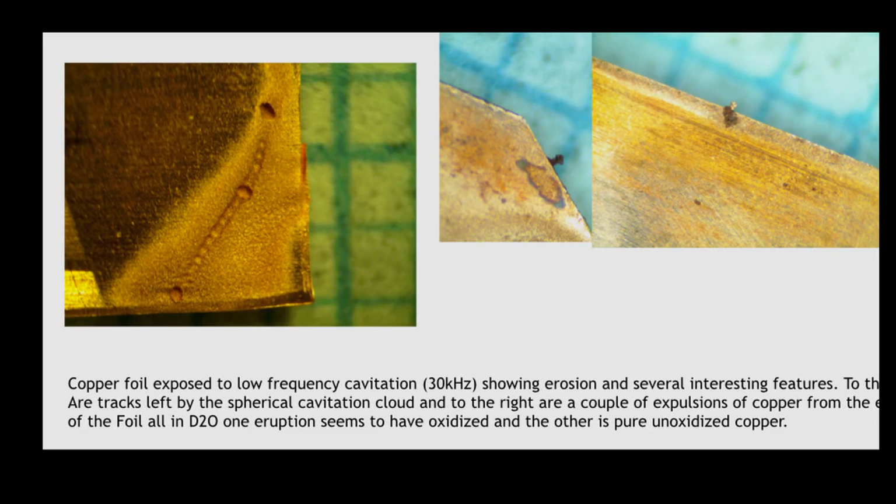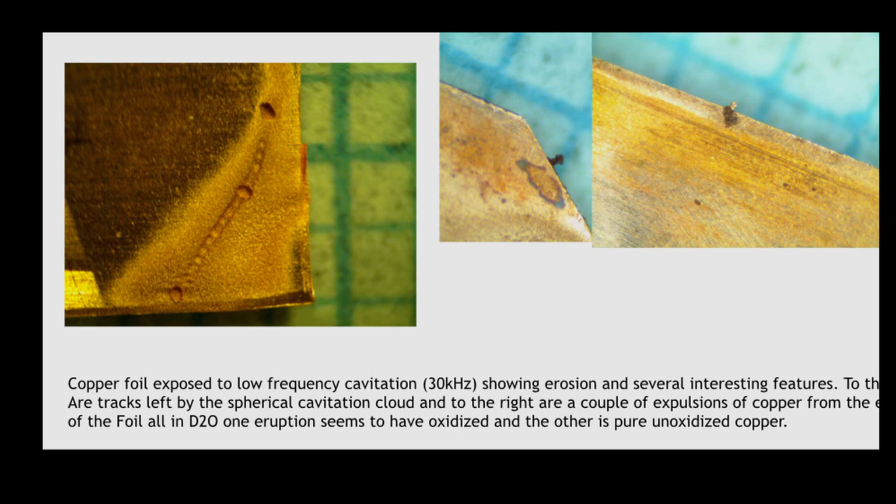A copper target foil exposed to low frequency, 30 kilohertz, shows cavitation erosion in the active zone at the edge of the foil where it was clamped and where the activity was amplified.